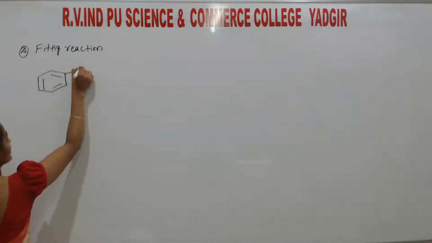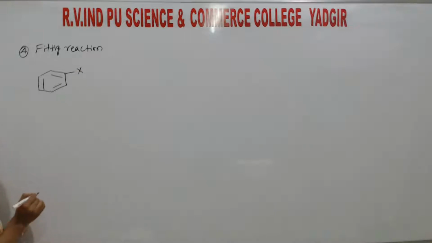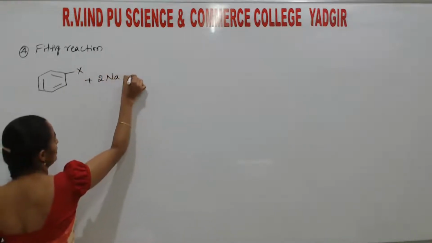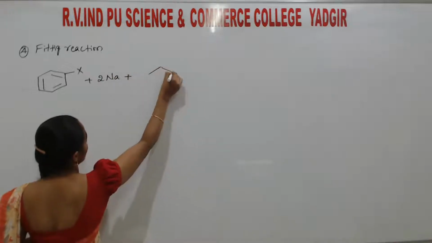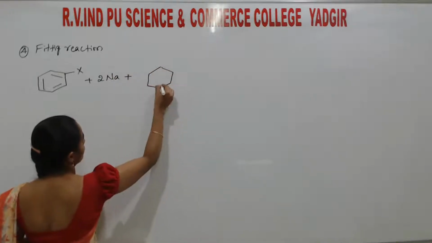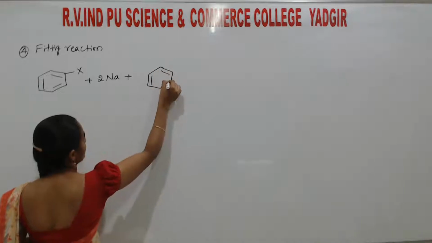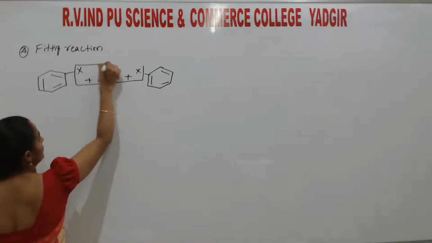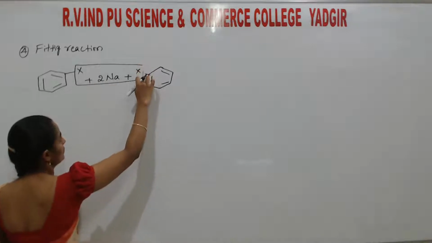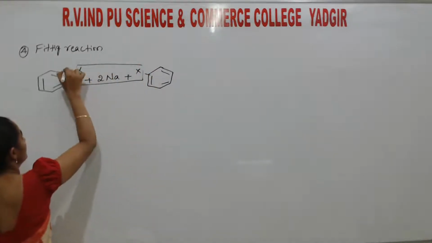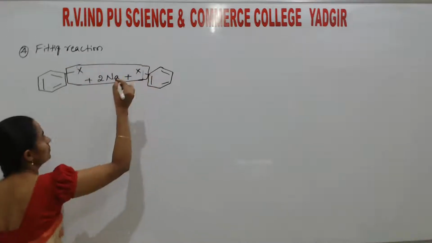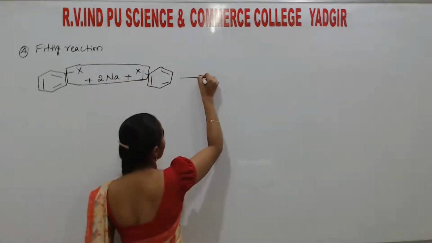Aryl halides, plus 2Na. What will they form?